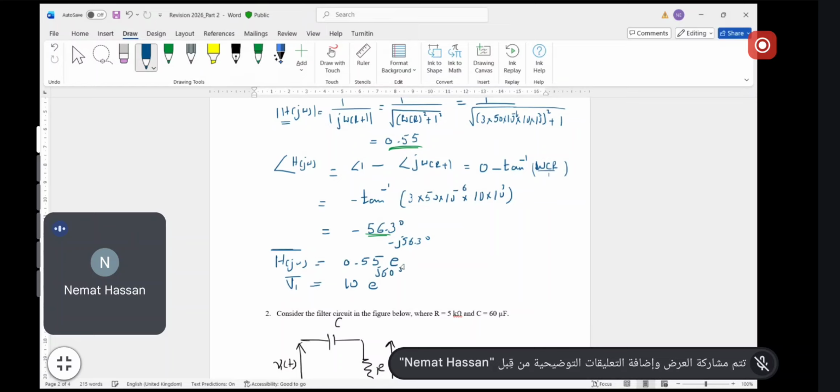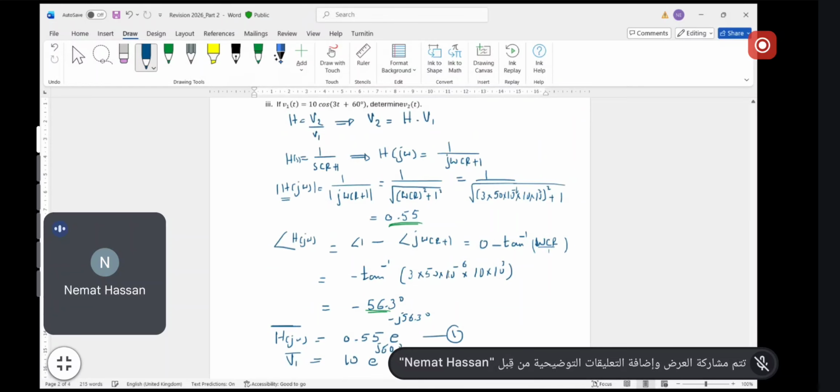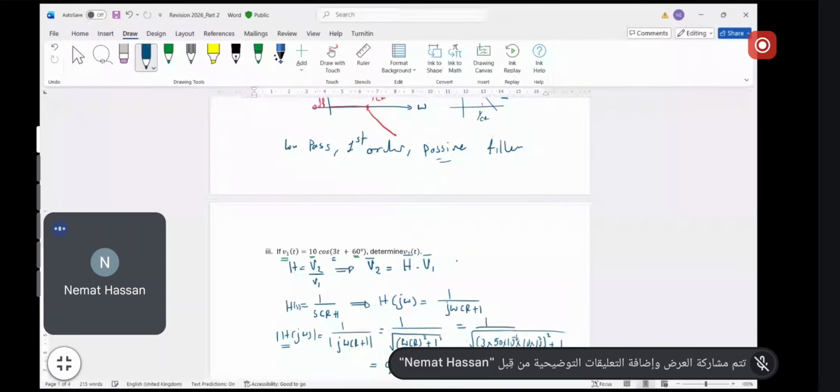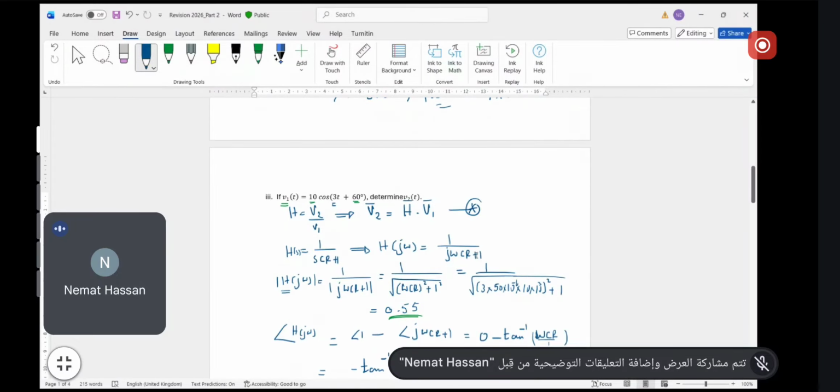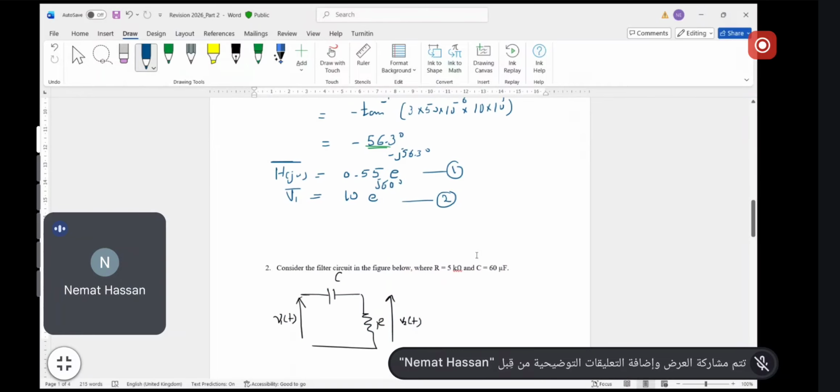Therefore, let's call this equation 1. Let's call this equation 2. And let's call this star. We are going to substitute the values for H and V1 to calculate V2. So substitute 1 and 2 in star.